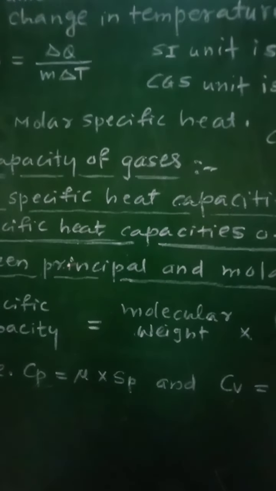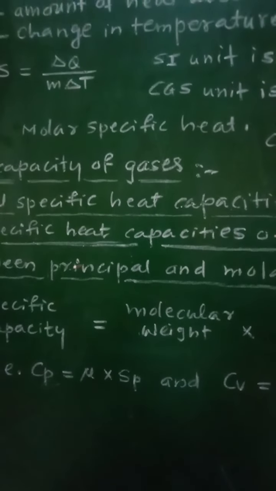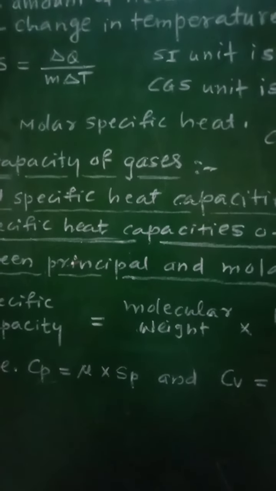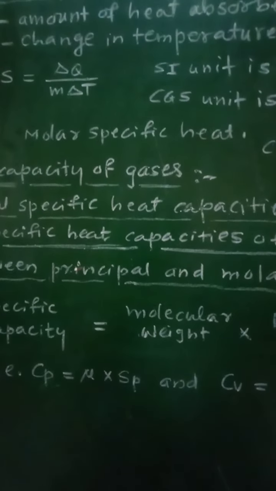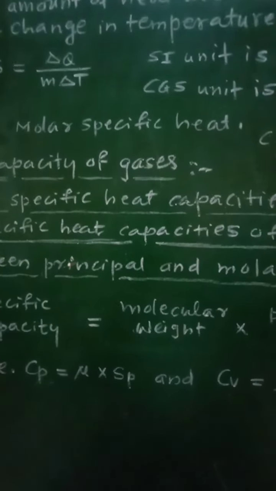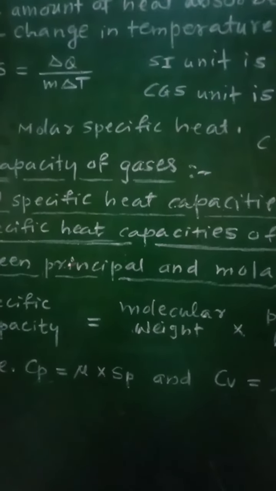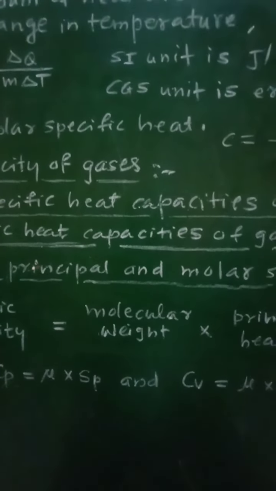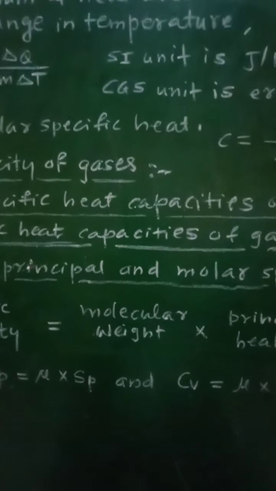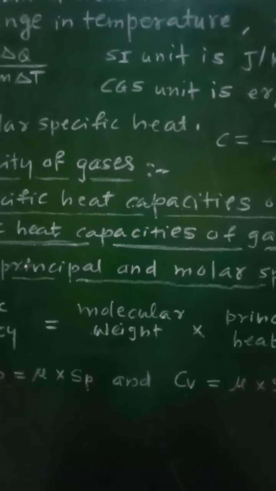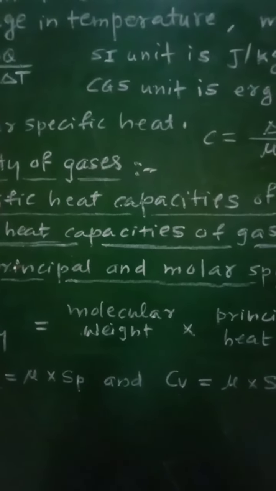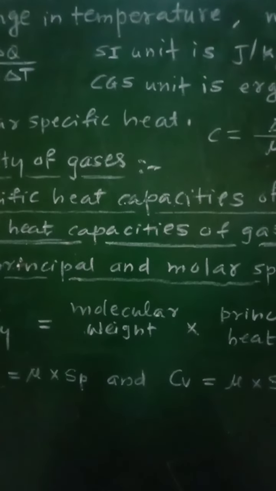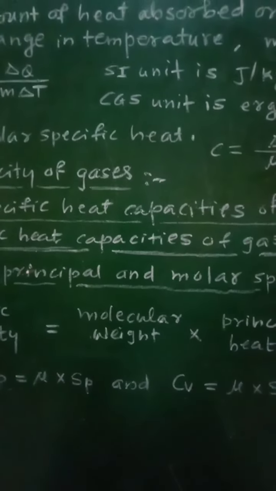The principal specific heat capacity of a gas at constant volume, that is Sv, is defined as the quantity of heat absorbed or released for the rise or fall of temperature of unit mass of gas through 1 degree Celsius or 1 Kelvin when its volume is kept constant.